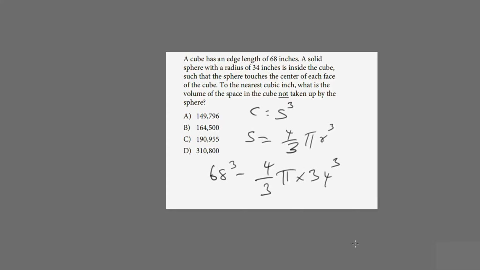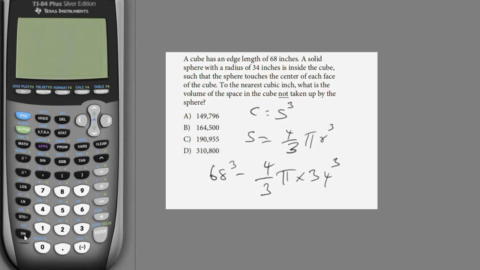Let's punch this in the calculator to get it. We have 68 cubed, make use of this function to put cube, then come down, then we have minus. Now a fraction, go to this math, go to number, scroll up, this is the fraction I'm looking for, then we have 4 over 3.